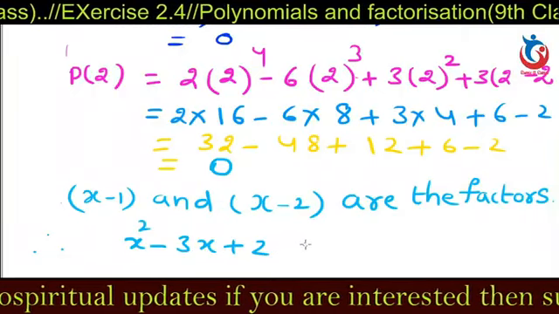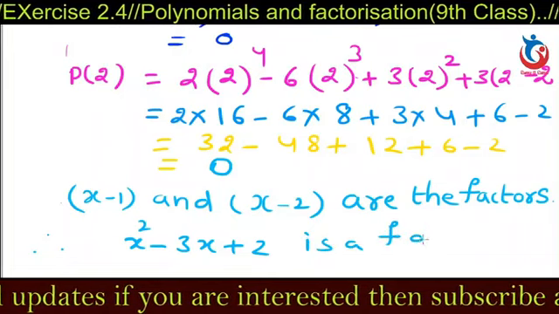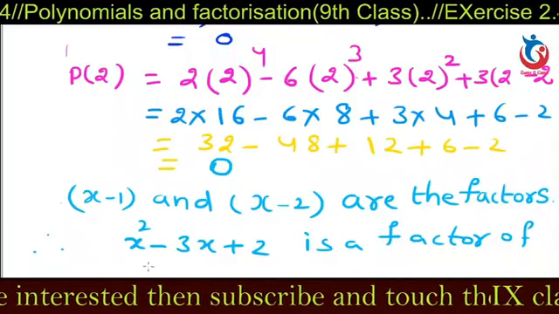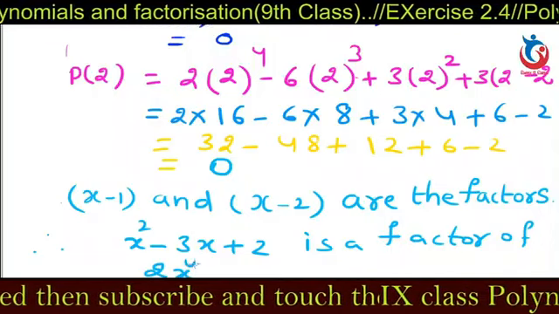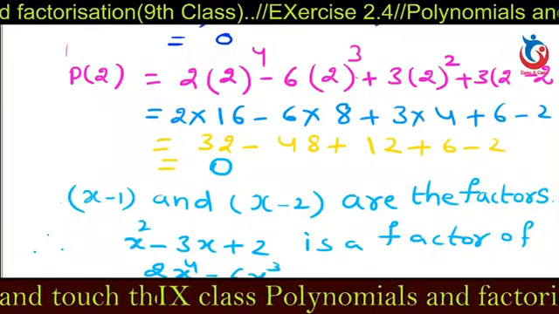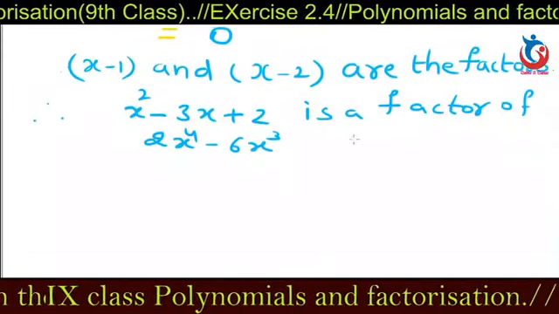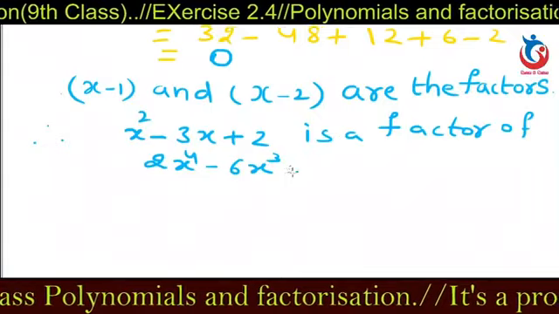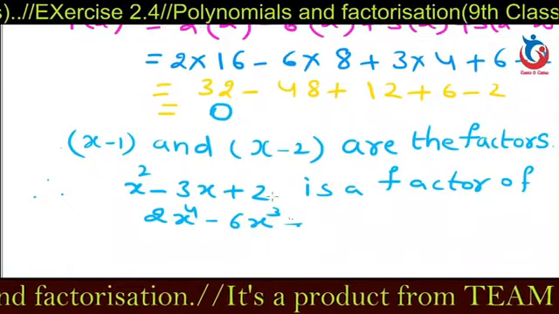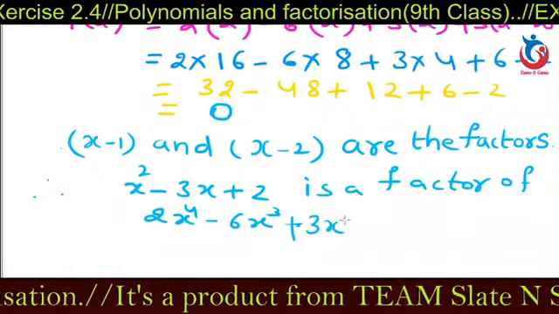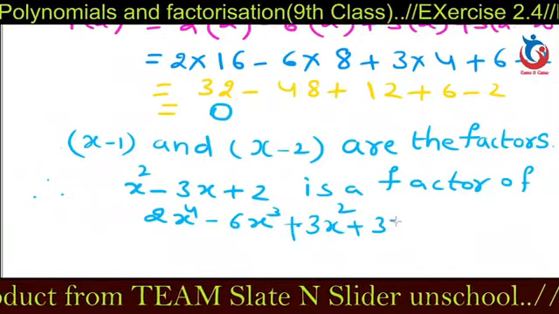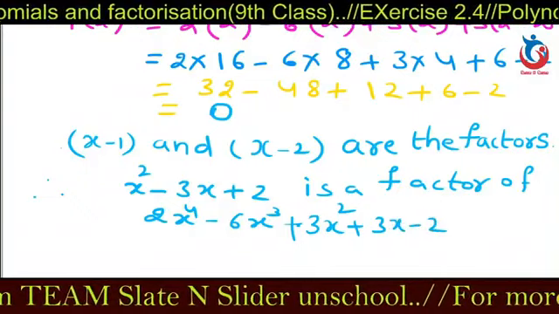So x square minus 3x plus 2 is a factor of 2x power 4 minus 6x cube plus 3x square plus 3x minus 2. Like this, we have to find out.